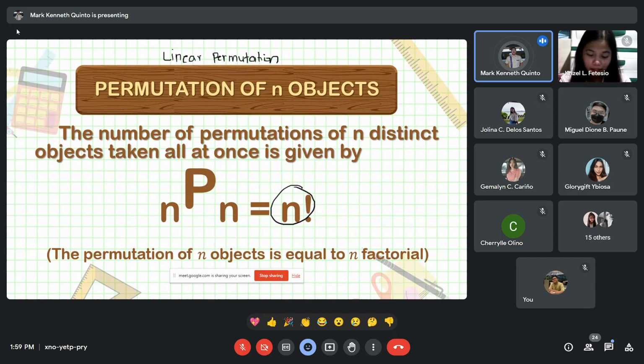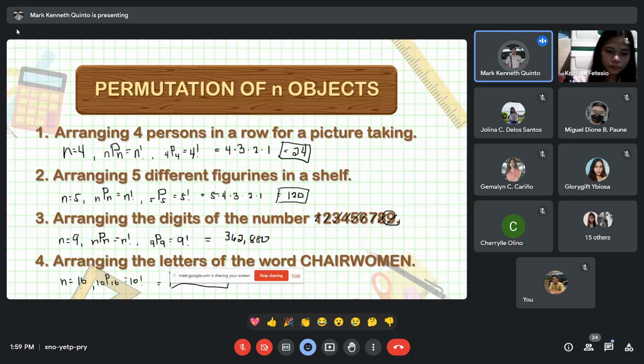And if there is only one value, therefore, the type of permutation that we need to use is linear permutation. Katulad ng mga example natin dito: 4 persons in a row, 5 different figurines, meron lang tayong digits, pero isang digits lang siya kung bibilangin natin. Then yung letters, ilang letters ba meron sa chairwoman? Ten. So we have only the value of n, and that is for linear permutation. Is it clear, Glory?